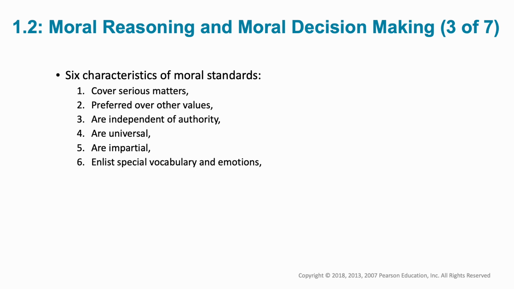And that's challenging, of course, because I might think a point of view is biased and someone else might not. But the most important thing that we have to pay attention to is ensuring that we are not letting our own personal bias influence us, but that we are working hard to be as objective and impartial as possible. And then lastly, it enlists special vocabulary and emotions.